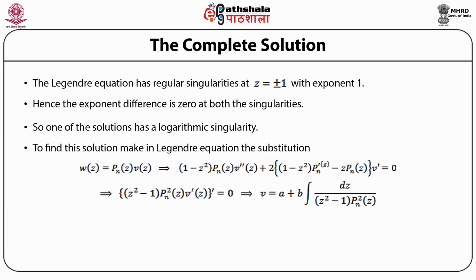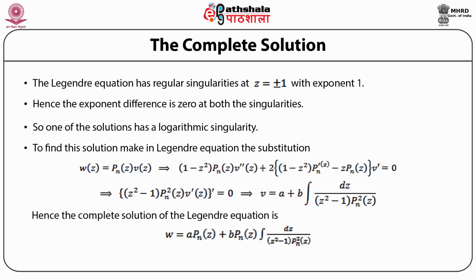On multiplying by Pn of z, this equation can be written as within the brackets I write z square minus 1 into Pn square of z into v prime of z brackets close, then the prime of the entire thing in the brackets is equal to 0. We integrate this equation twice and we get v is equal to a plus b times the integral of dz divided by z square minus 1 into Pn square of z.